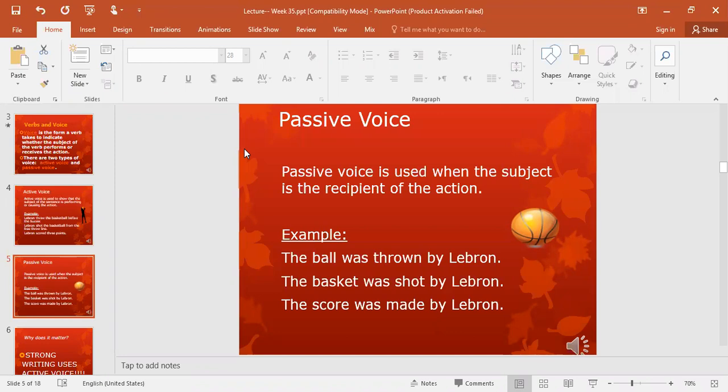Okay? If I said the cake was baked by my mom, change it to the active. My mom baked the cake. My mom baked the cake.